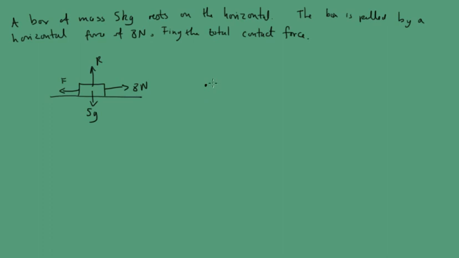First we want to find the vertical. So we're going to resolve in the vertical and the perpendicular components. The vertical component is R and 5g. So R must equal 5g, which is 50 newtons. Now we're going to do the horizontal component.